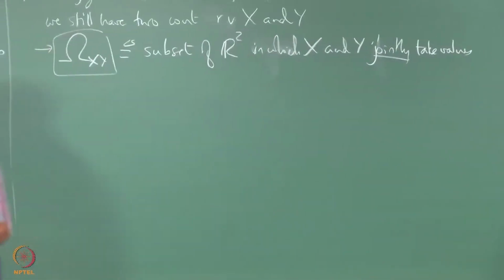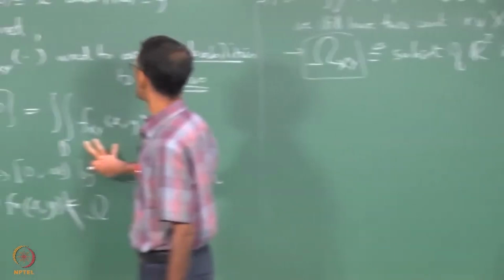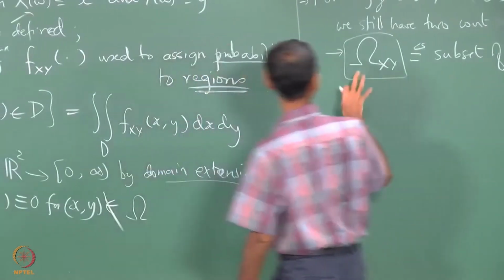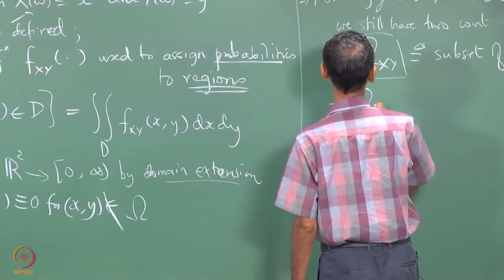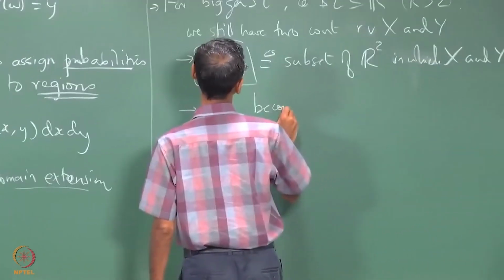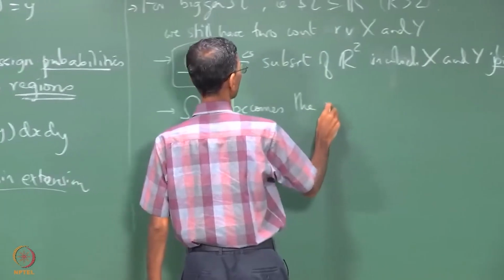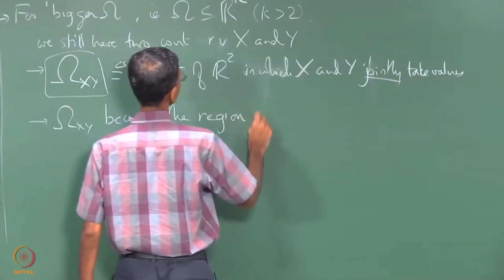But otherwise you still have the joint PDF defined exactly the same way. So this omega_XY becomes the region of support for f_XY. What do you understand by this region of support?